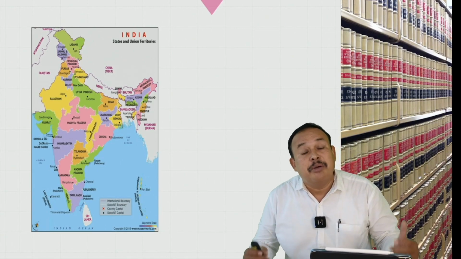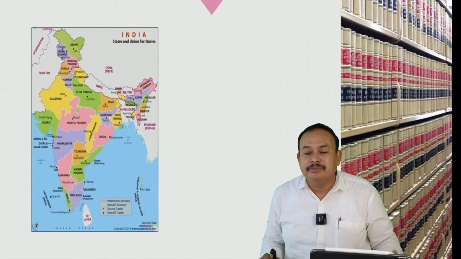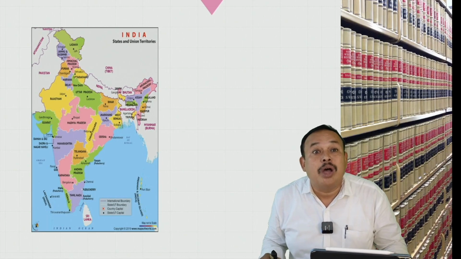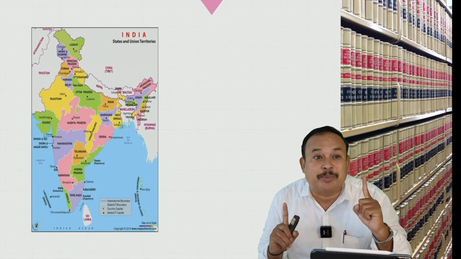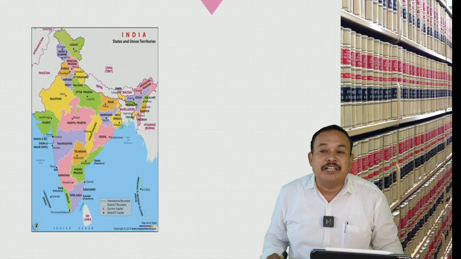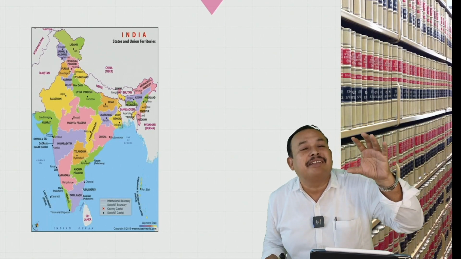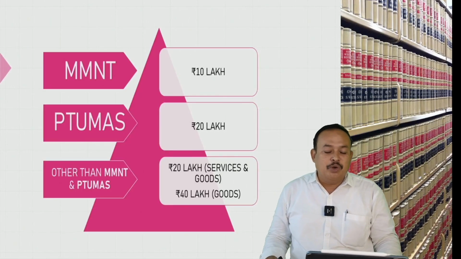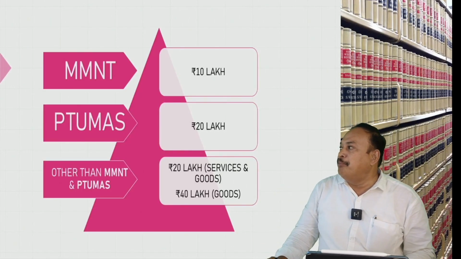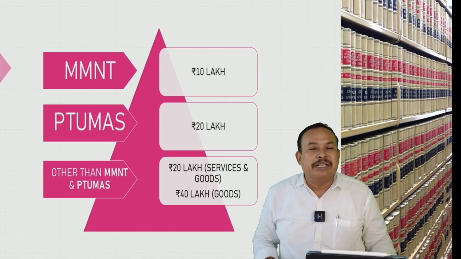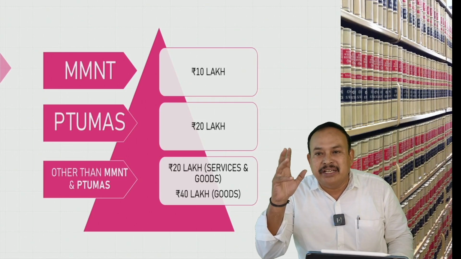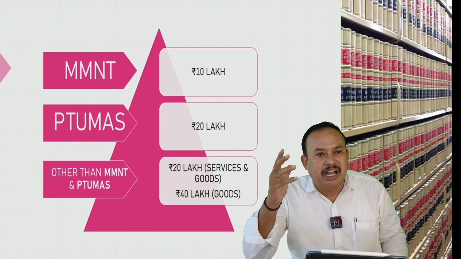M stands for Meghalaya. A stands for Arunachal Pradesh, not Assam, Andhra Pradesh. A stands for Arunachal Pradesh. S stands for Sikkim.